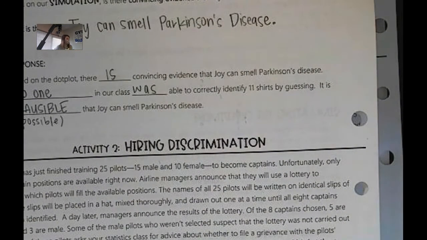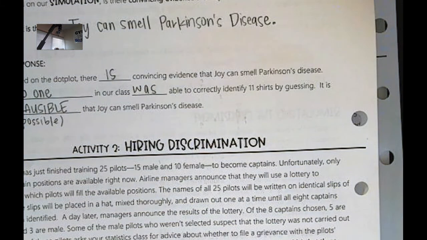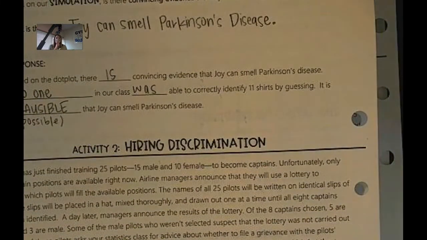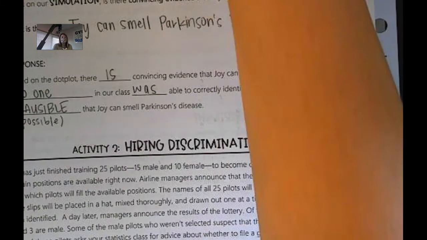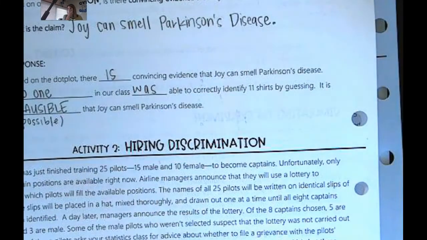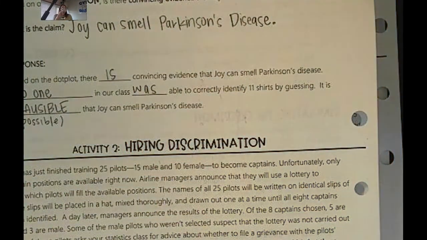captains have been identified. So as I was walking around, Allie had mentioned how nicely the papers were cut. And the reason why they were cut that way is because of the setup they're describing in this problem. When you do things like draw names from a hat, you have to make sure that your slips of paper are identical, so cut the same size, the same weight paper, all of that stuff.